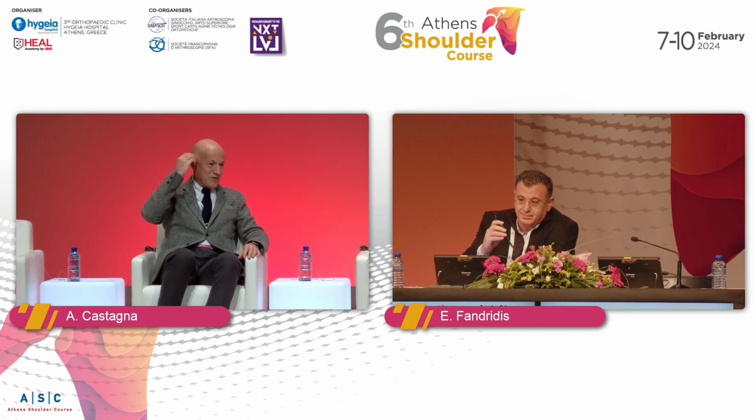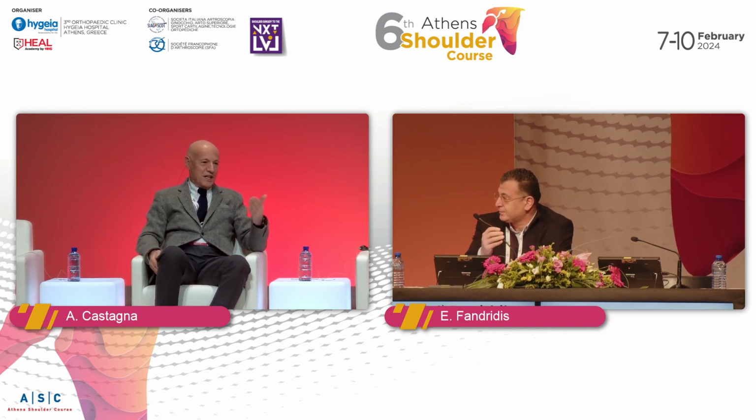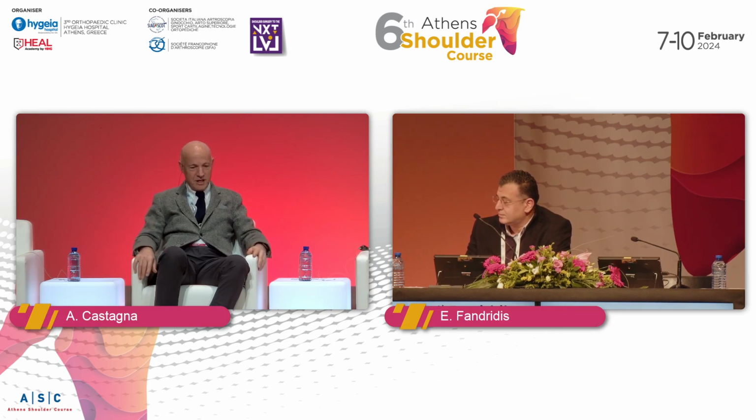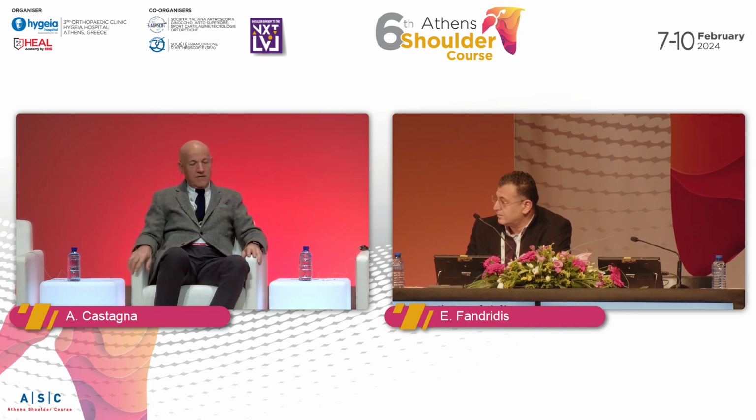It is a never-ending answer, let's say, because, again, the patients coming to us for a potential indication for a reverse prosthesis are complaining about pain, function, strength, quality of life, as I said yesterday about the rotator cuff. And we are not always providing everything together, for many reasons.